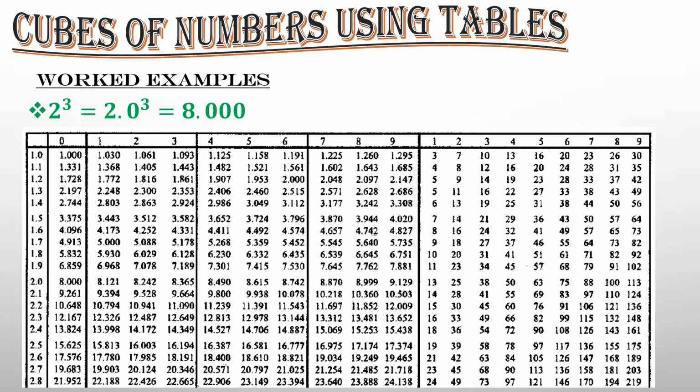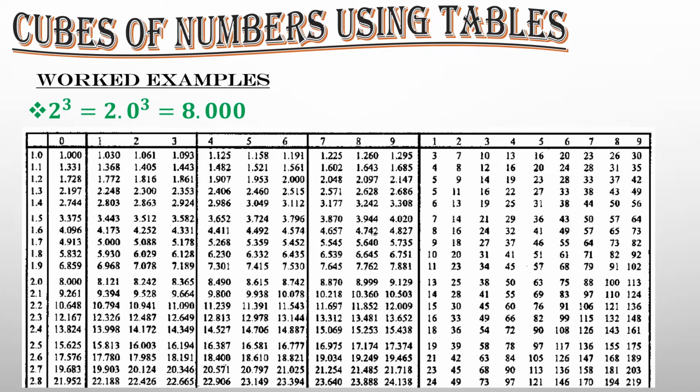Then we have the X column, where you have to check the values for which you're finding the cubes. So the X column will always guide you. And the X column is always up to 1 decimal place. Then the first part, from 0 to 9, will give you the second decimal place.